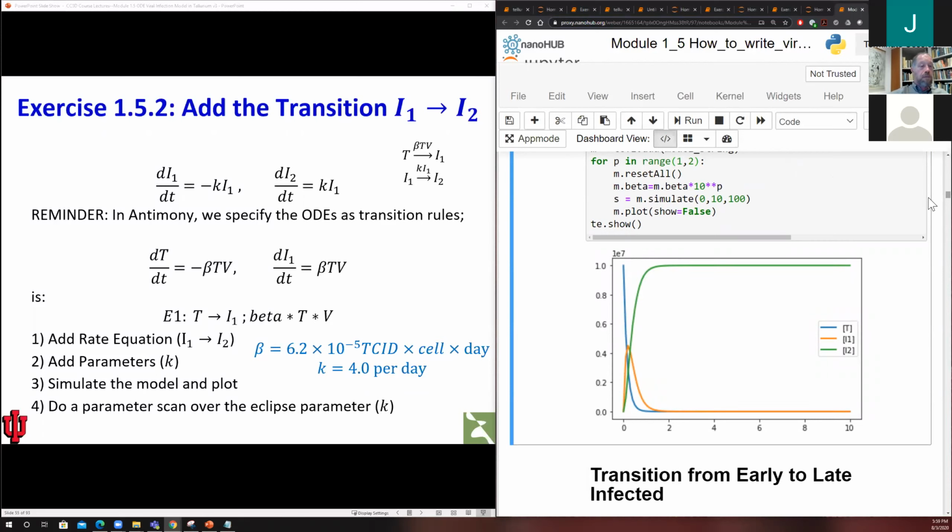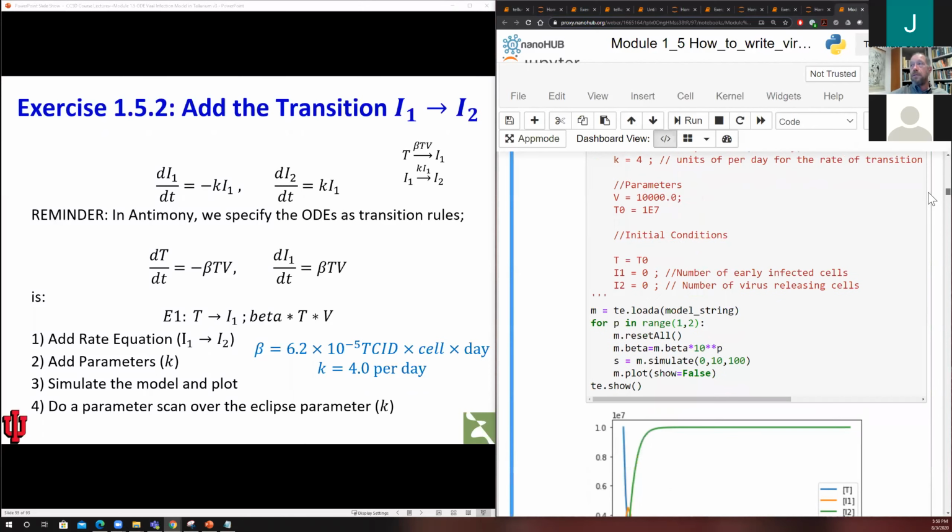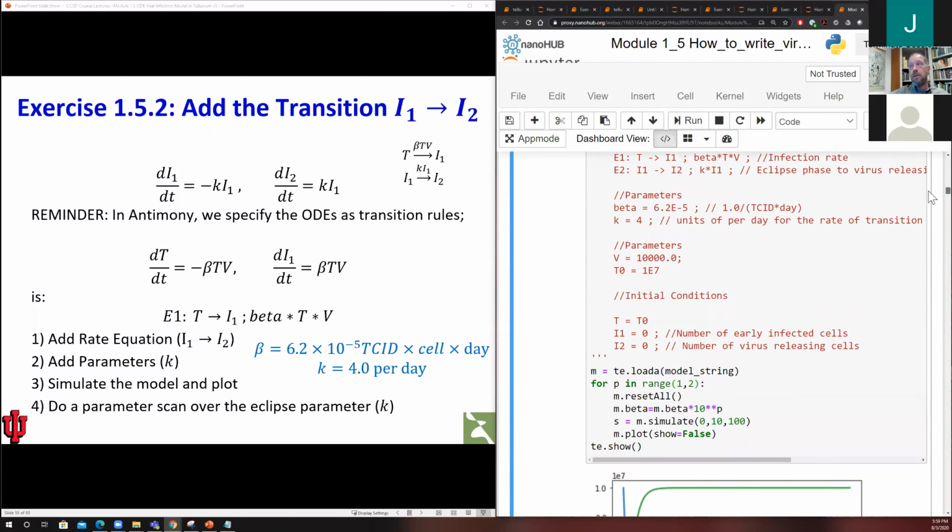Is T0 a parameter? So what's the difference between a parameter and an initial value? There is no fundamental mathematical difference between a parameter value and an initial value. They're both numbers. However, parameters are things that are not going to change during the simulation, and initial conditions are the values of variables.